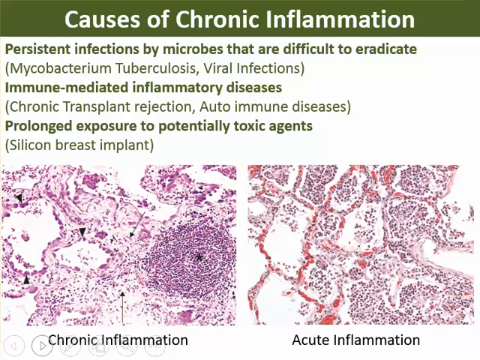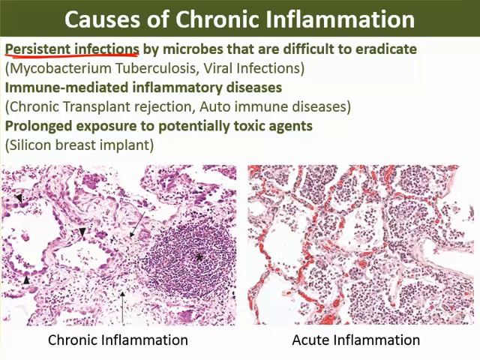So what are the causes of chronic inflammation? Any infection which persists for a longer period leads to chronic inflammation. For example, our immune system has difficulty in removing the infection.